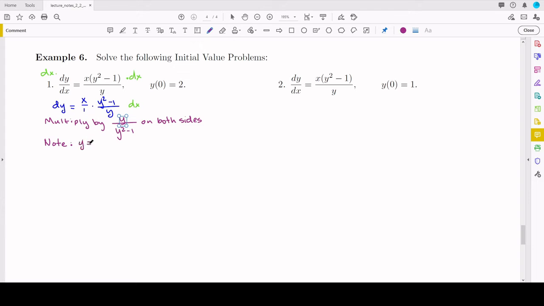Furthermore, we cannot divide by 0, so y cannot be equal to plus or minus 1. Once we multiply both sides by y over y squared minus 1, we get on the left-hand side y over y squared minus 1 dy, and on the right-hand side we have x dx.